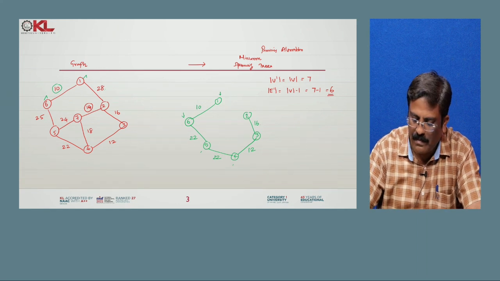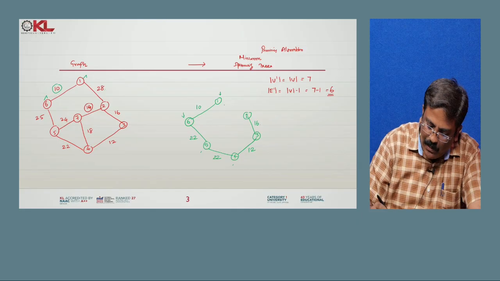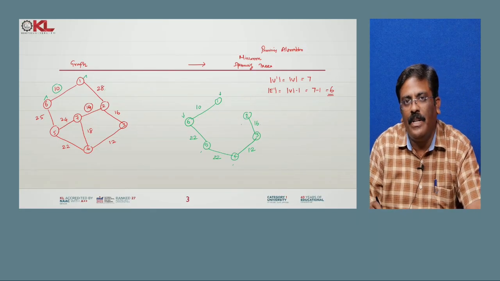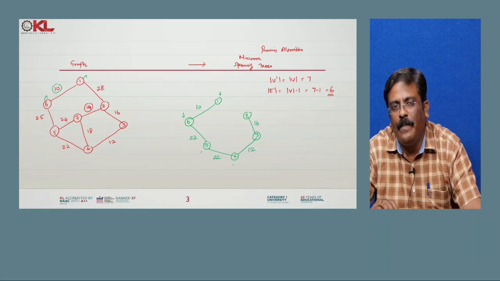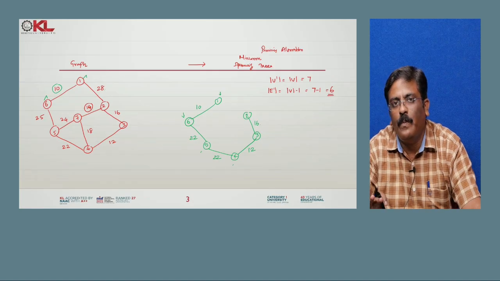Right. So now what is the possibility? We can consider 1 to 2, but Prim's algorithm also has an additional procedure, a constraint. Even if a particular edge has the least weight, or even the highest weight, if selecting it forms any kind of closed loop, then we should not select that edge.